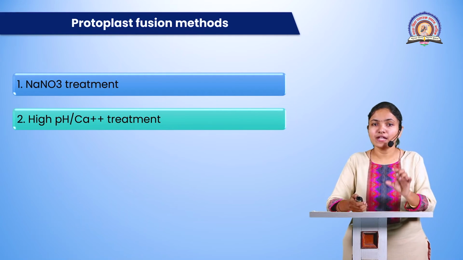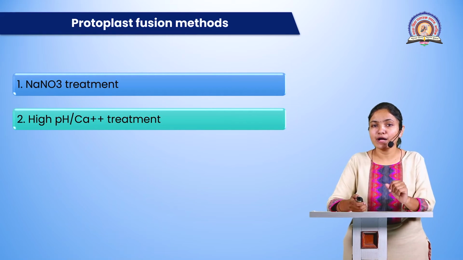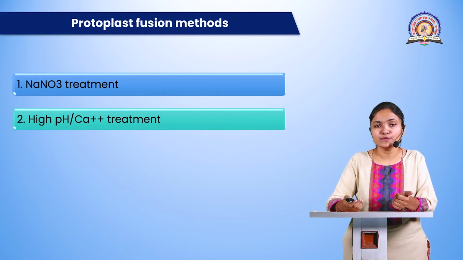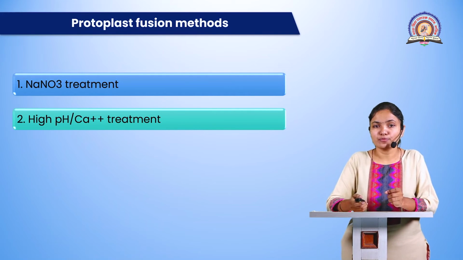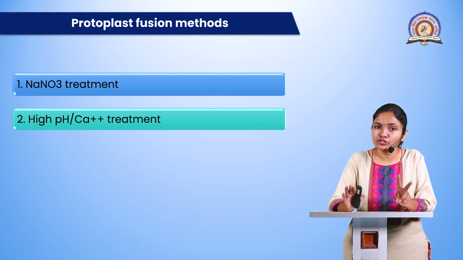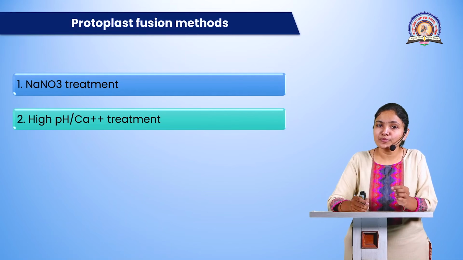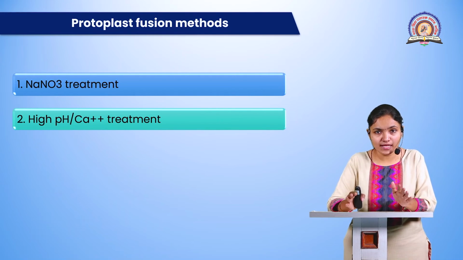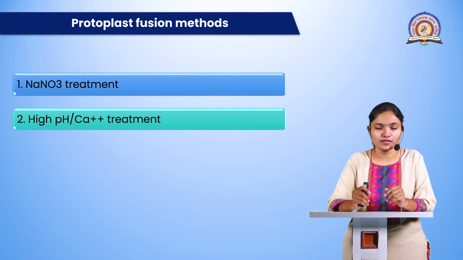So simply we will have a protoplast suspension with us, within which we will add some amount of calcium chloride with a specific concentration. And when these two things interact with each other, we will also put the second solution of the protoplast, means protoplast from the two different plants. Now, with the help of high pH as well as calcium treatment, the charge on the protoplast membrane will be neutralized, so that the two protoplasts will easily fuse with each other.